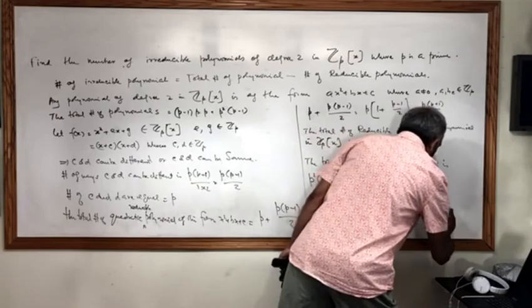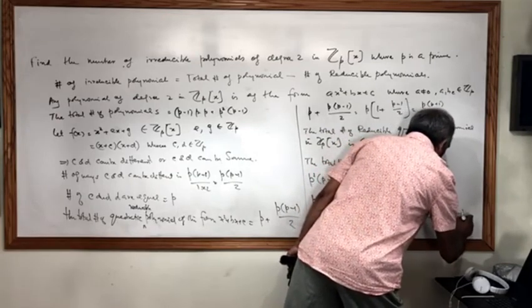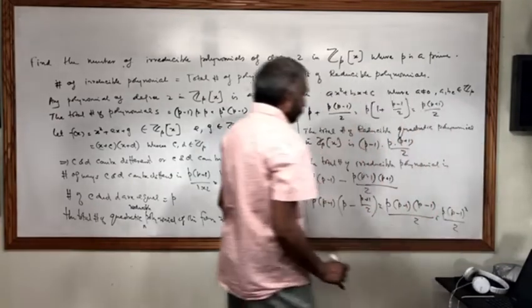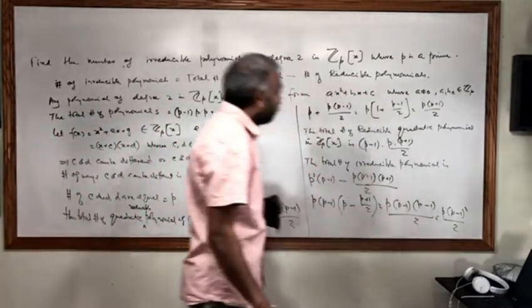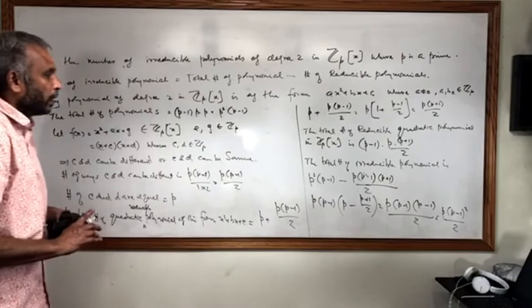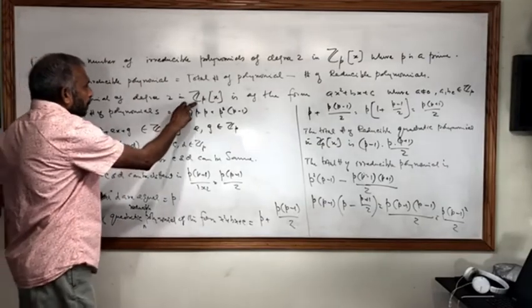That is p times (p minus 1) whole square by 2. So there are these many irreducible polynomials in Zp of x.